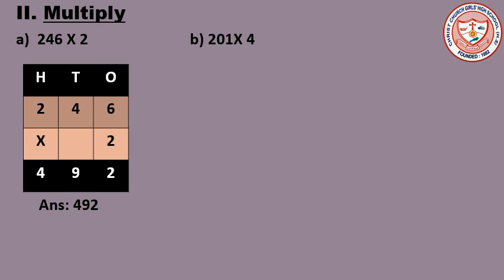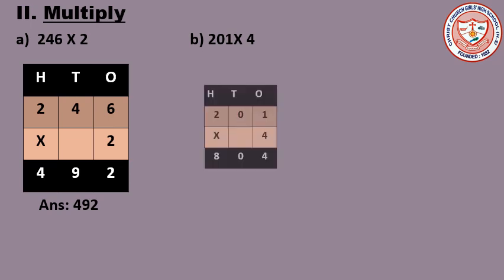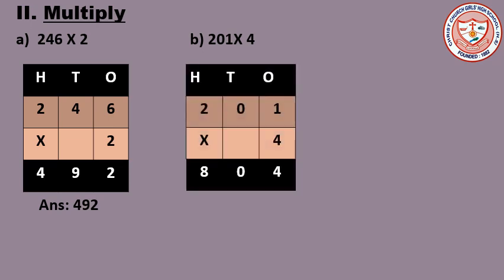Now let's try out the next sum. That is question number B, 201 into 4. So here also we are going to place the number according to the place value, and then we are going to start calculation.